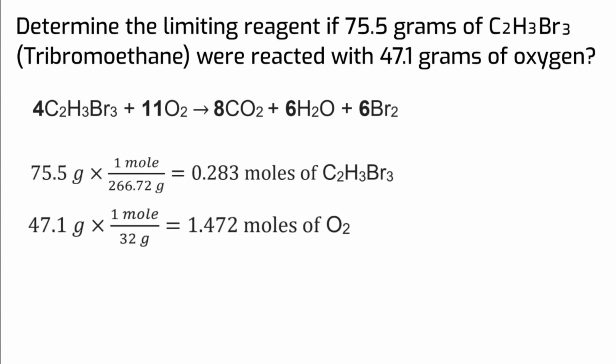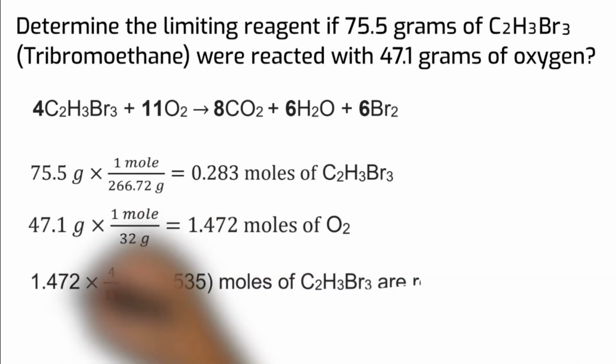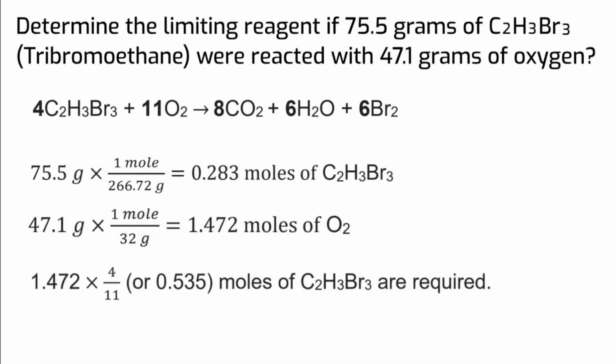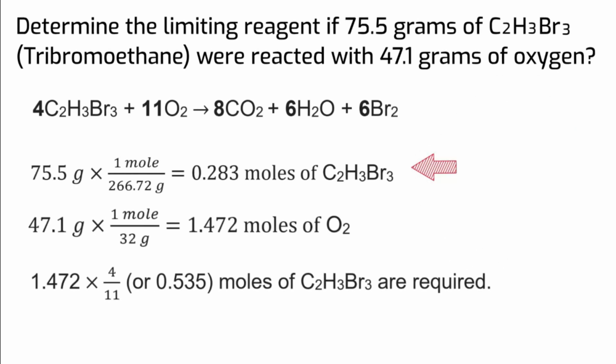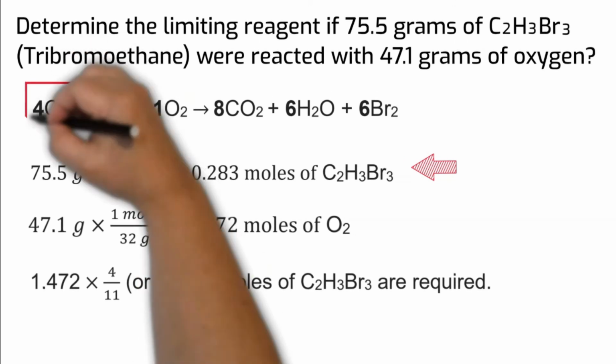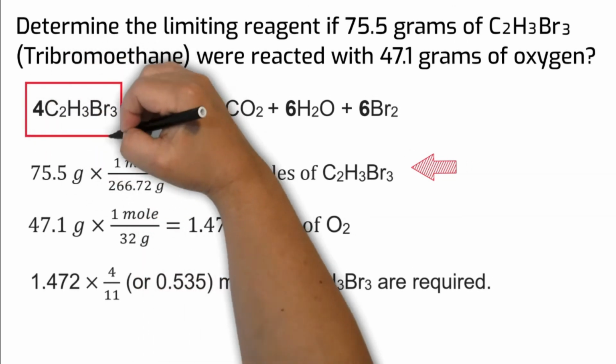Assuming that all of the oxygen is used up, 1.472 times 4 over 11, or 0.535 moles of tribromoethane are required. Because there are only 0.283 moles of tribromoethane available, tribromoethane in this case will be the limiting reagent.